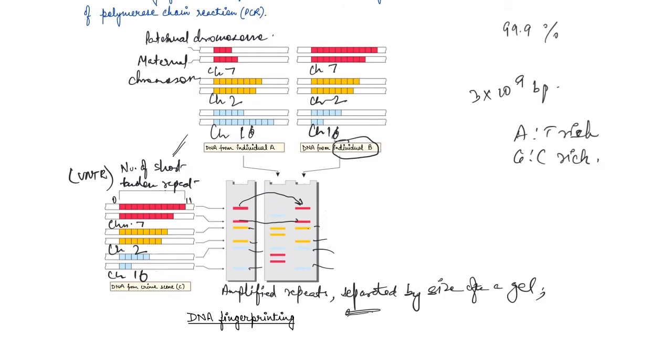While in the case of individual A, there is one here, but there are no sizes here. Here there's extra. Here again there are two. There are none here, right? So this one exactly matches the one found on the crime scene, right? So that is how we solved the case, that individual B has done the crime, right?